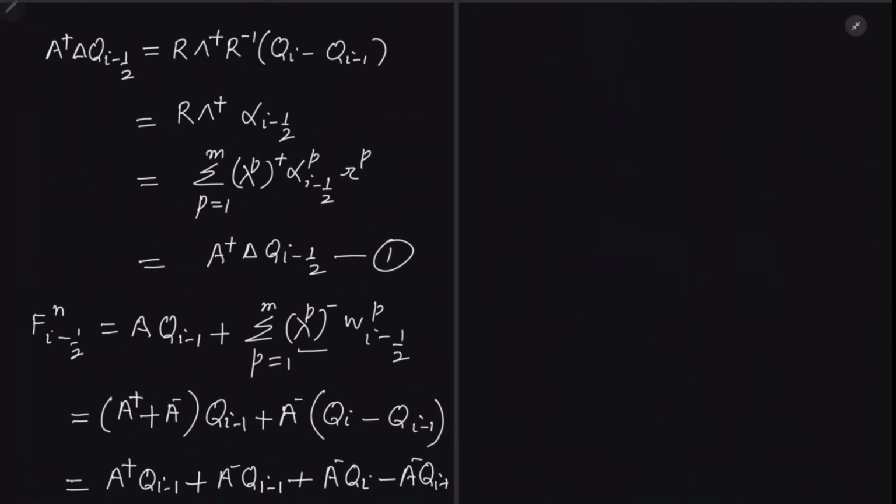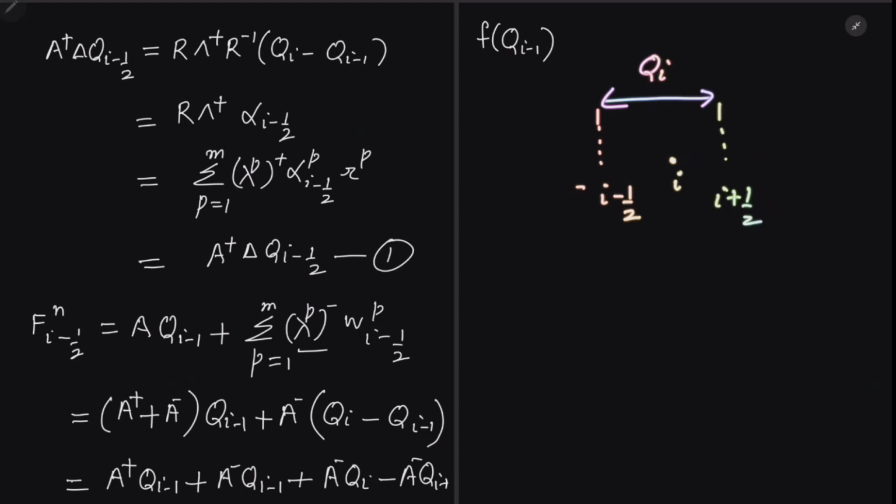Now, we can further show how this flux difference works. Suppose we have flux at Q_{i-1}, with the cell i minus 1 half, and on the right-hand side we have cell number i. This is cell number i, Q_i, and this is cell i minus 3 by 2, and the cell number is i minus 1.